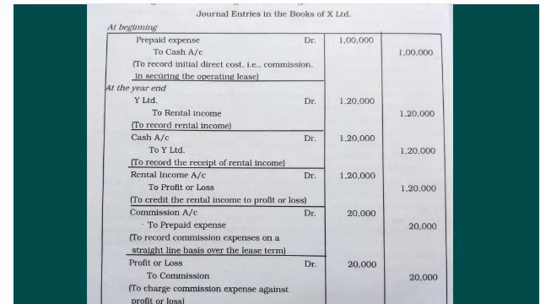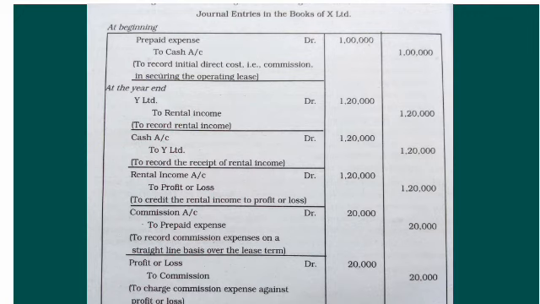Then we want to record the commission expense on a straight-line basis over the lease term. The total commission is 1 lakh, and as the lease term is 5 years, at the end of every year we transfer 20,000 of commission from prepaid expenses: commission account debit to prepaid expenses, then profit and loss account debit to commission, 20,000.